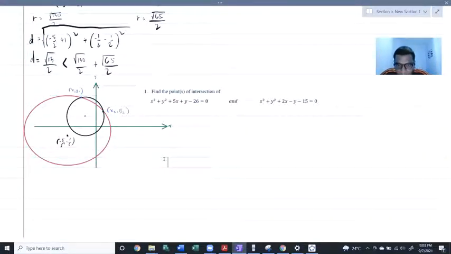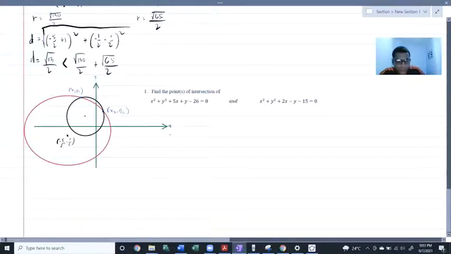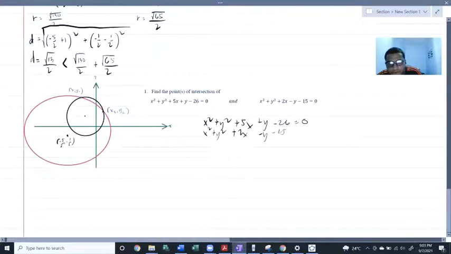Next, how can we eliminate like terms? Let us look at the system of equations. We have x squared plus y squared plus 5x plus y minus 26 equals 0, and x squared plus y squared plus 2x minus y minus 15 equals 0.